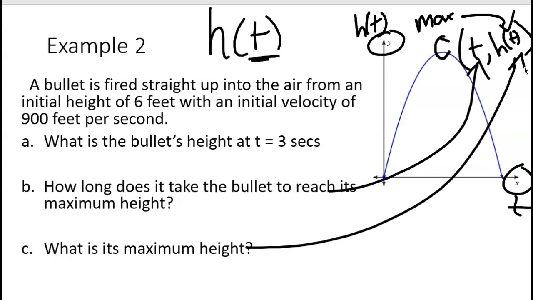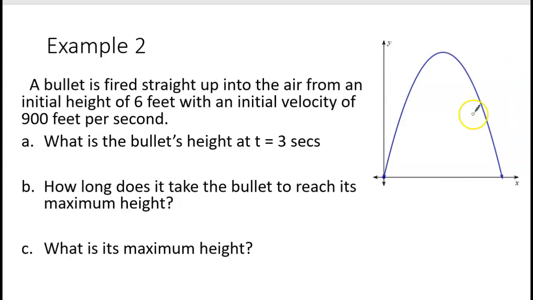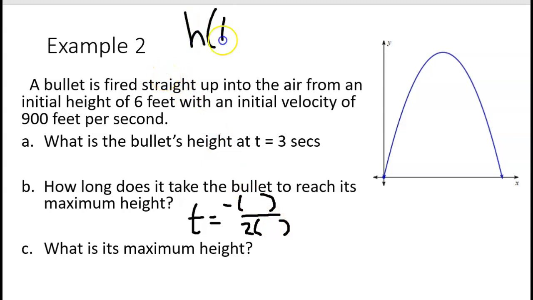So we know how to find a vertex. We did that last week. So let's go ahead and do that. To find the x value of your vertex, which in this case is a t, we're going to use the old formula, x equals negative b over 2a, right? That tells us the x value of our vertex.